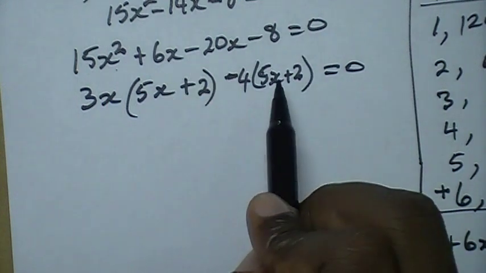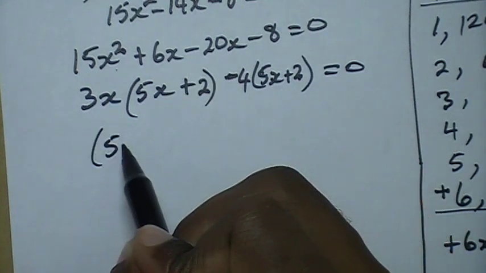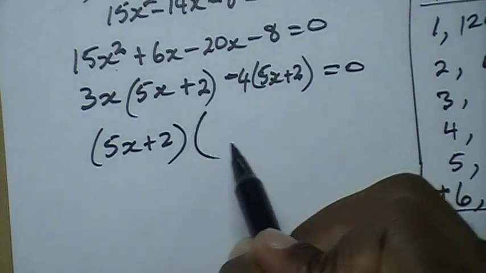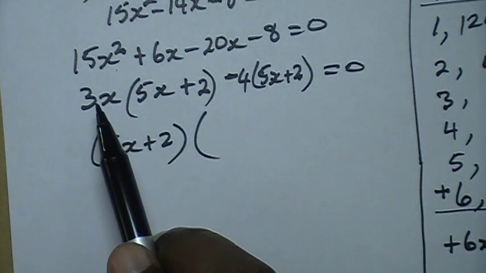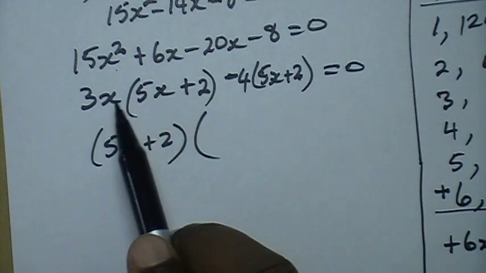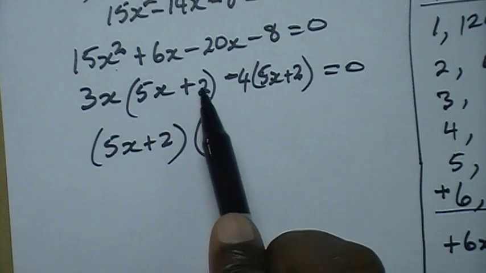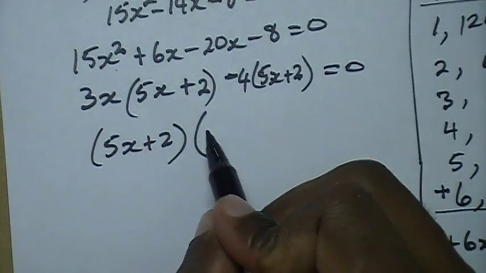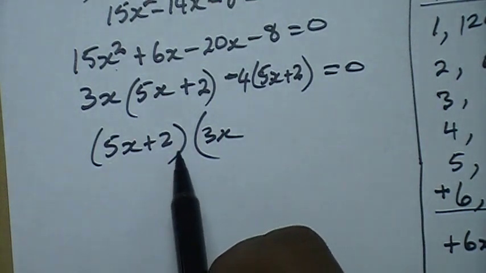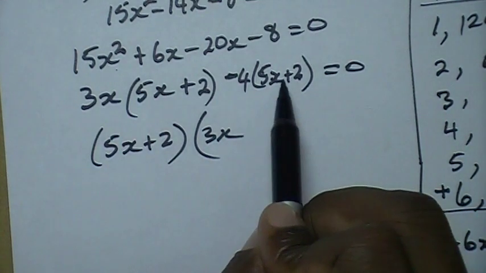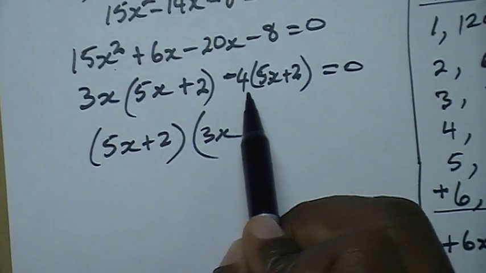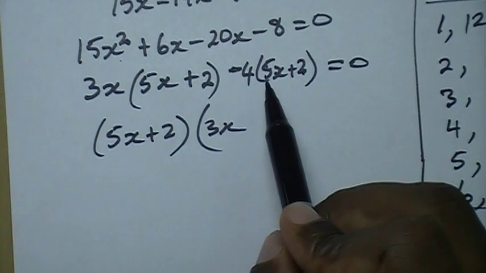Okay, factorize this part of the expression with this part of the expression. So what's common is 5x plus 2. 5x plus 2 multiplied by 3x will give us this part. 5x plus 2 multiplied by the negative 4 will give us this part.